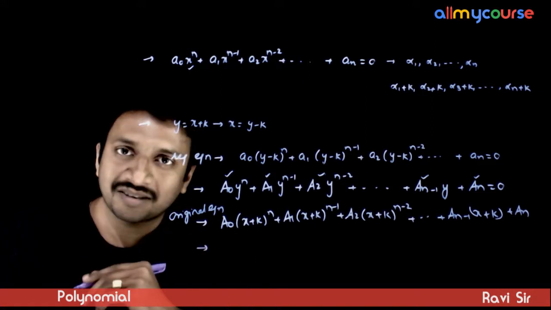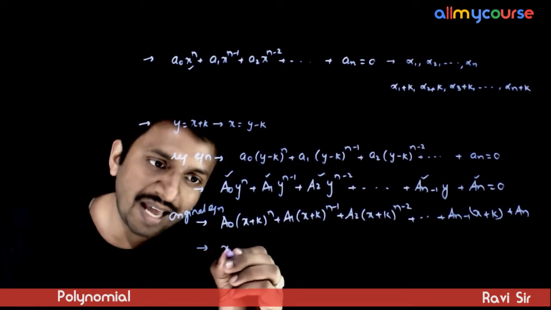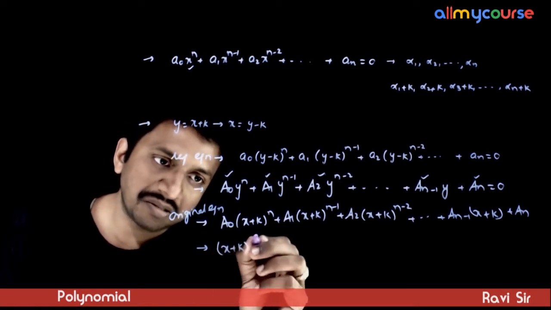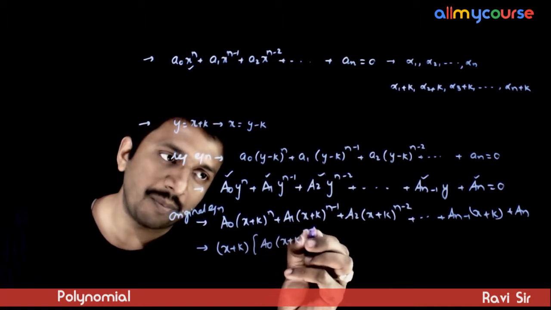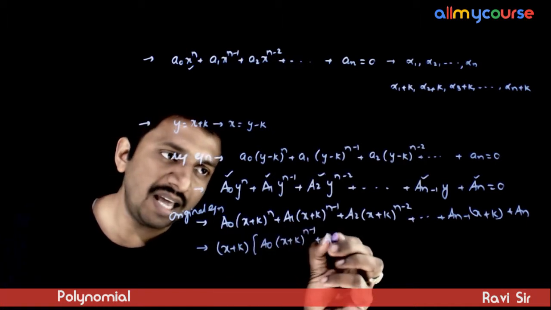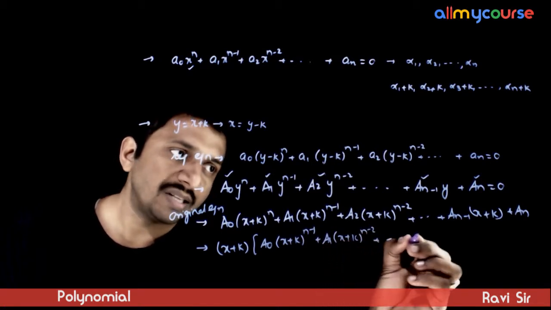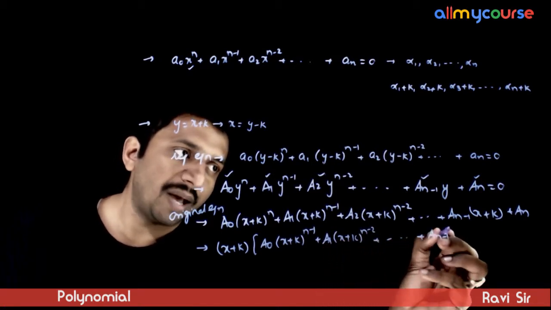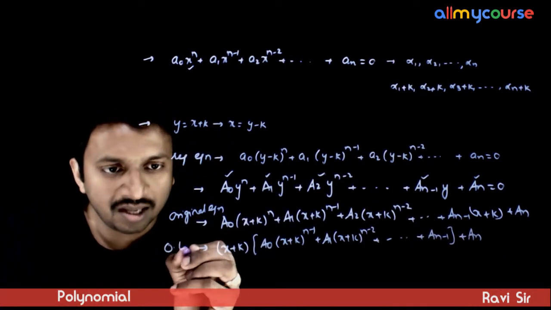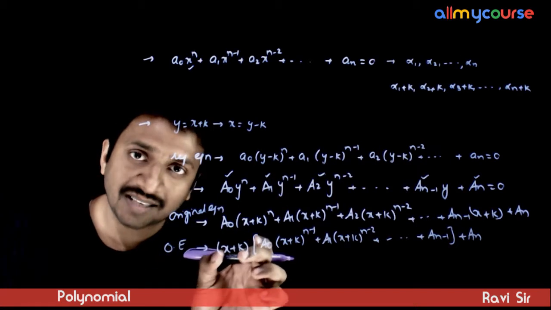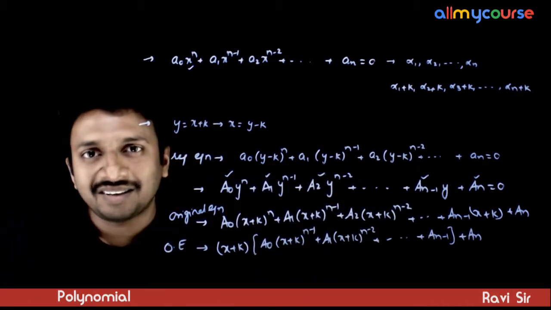So the original equation can be written as (x plus k) times [a0 times (x plus k) power n minus 1 plus a1 times (x plus k) power n minus 2 plus so on up to an minus 1] plus an.